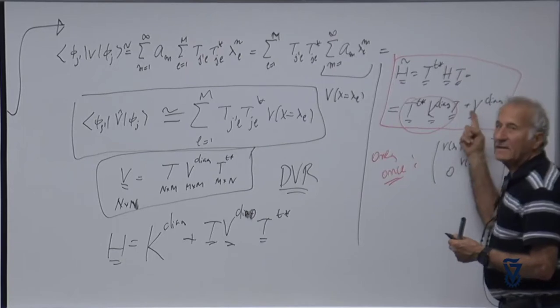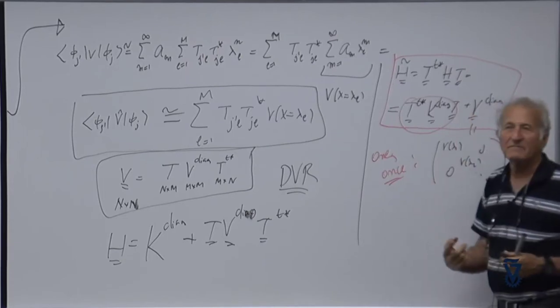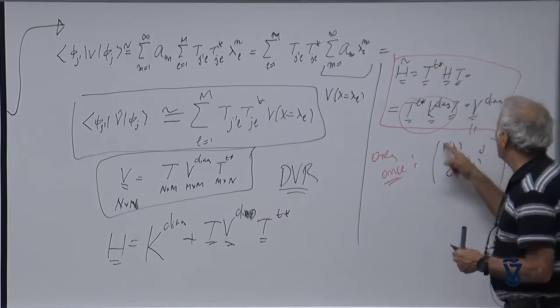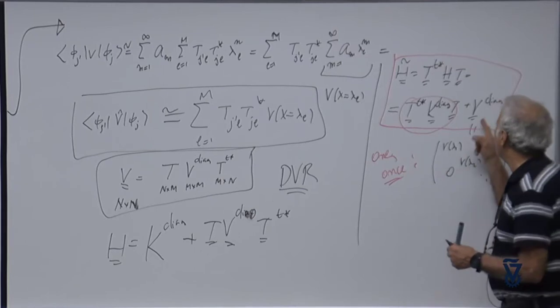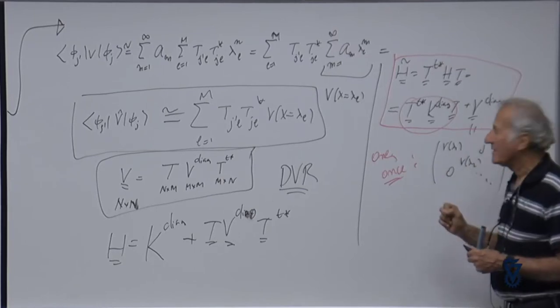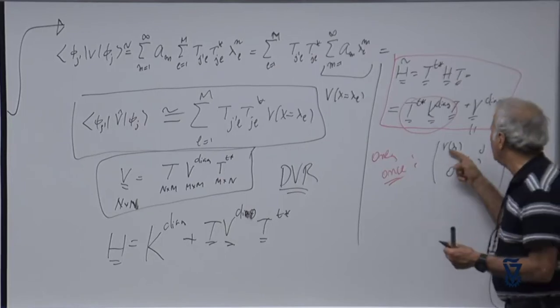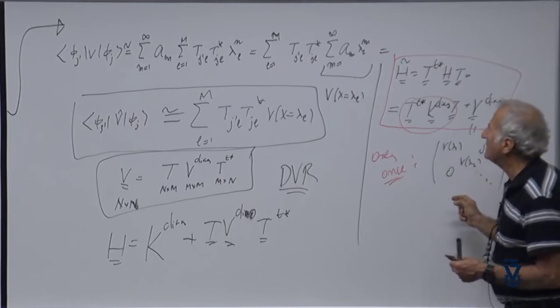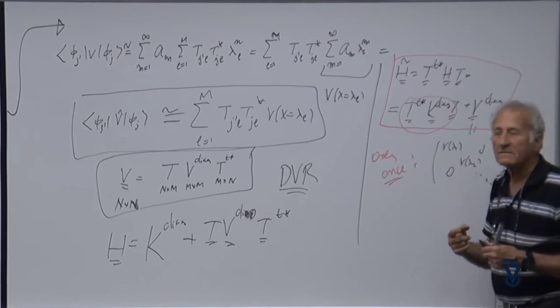And then when you write a code to diagonalize this matrix, in one line we can say what these potential matrix elements are. Since it's a diagonal matrix, on the diagonal you have the values of the potential at different grid points that were calculated by diagonalization of the matrix X.